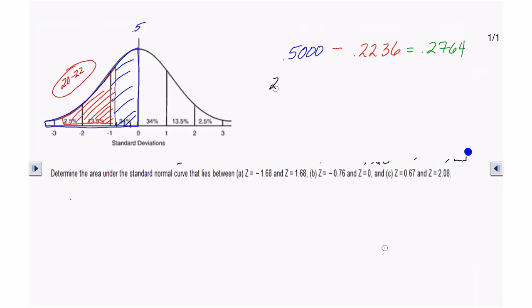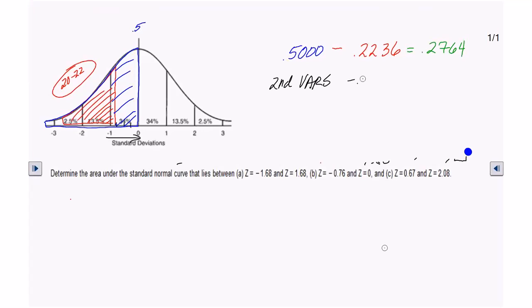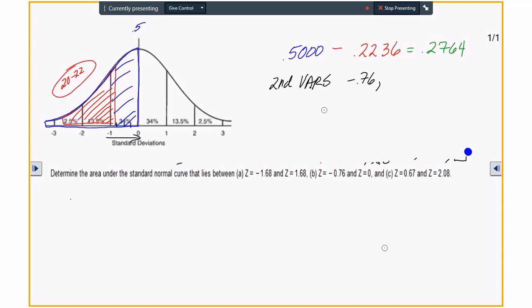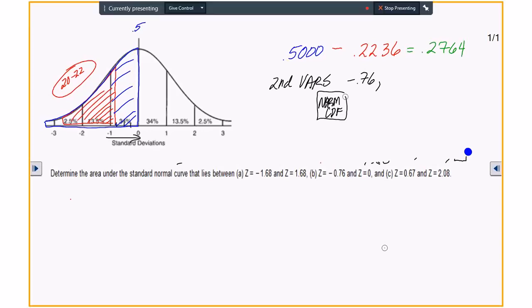We read from left to right. So our lower limit, because we read from left to right, would be negative 0.76, comma, oh, don't forget the normal CDF, sorry, that goes in there.